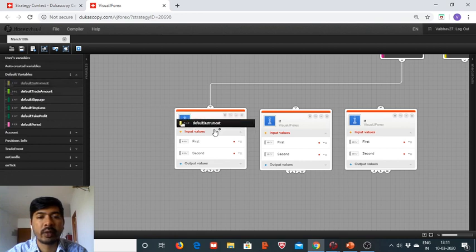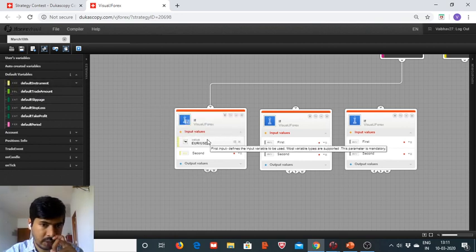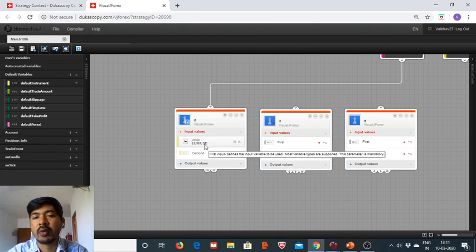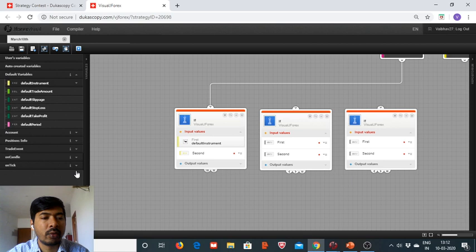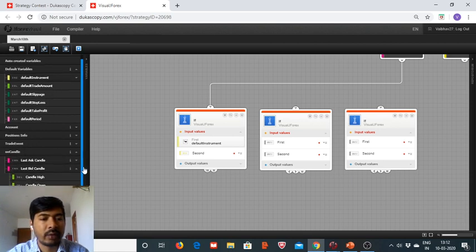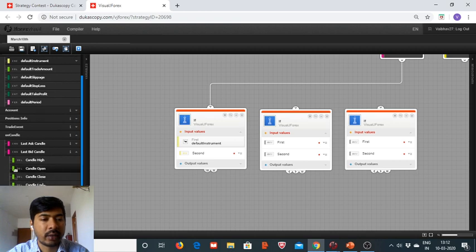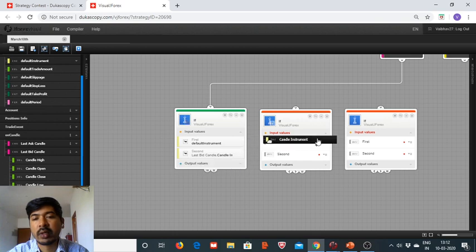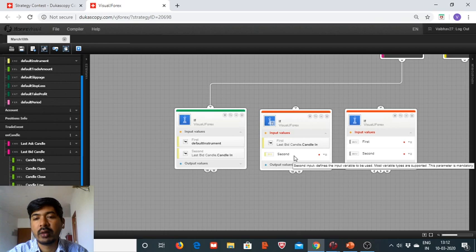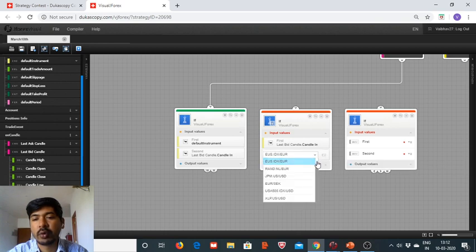We will bring in the default instrument here, and the default instrument is Euro USD. We will let it remain as it is, and we go on candle, and we bring in the last bit candle instrument, and here also we bring in the candle instrument, and then we use Euro USD.